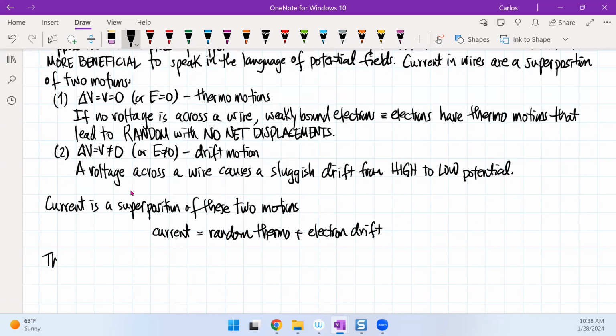So the direction, let's not say direction. I should say, unfortunately, there are two interpretations of current.